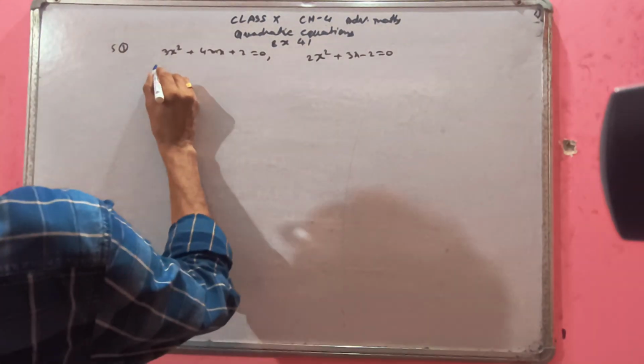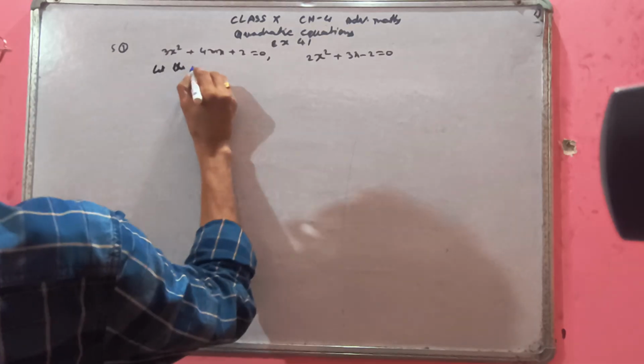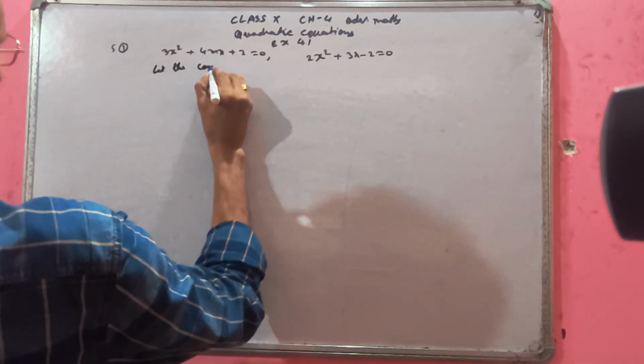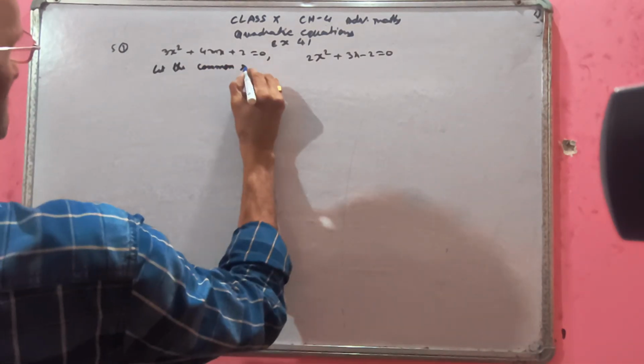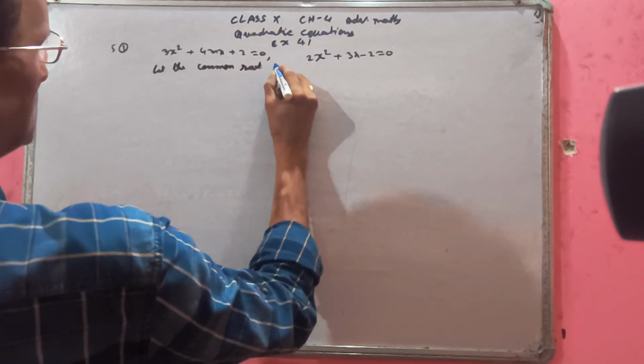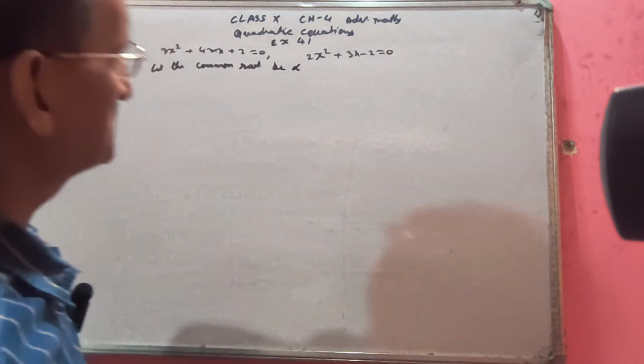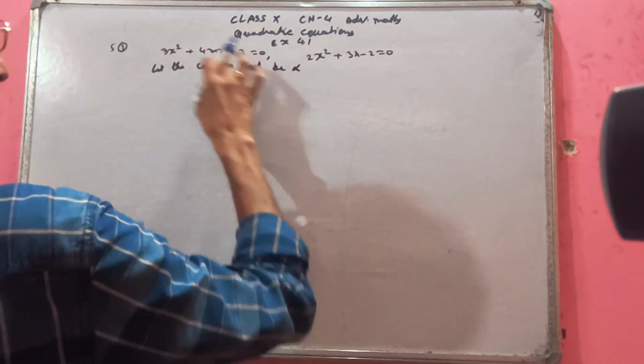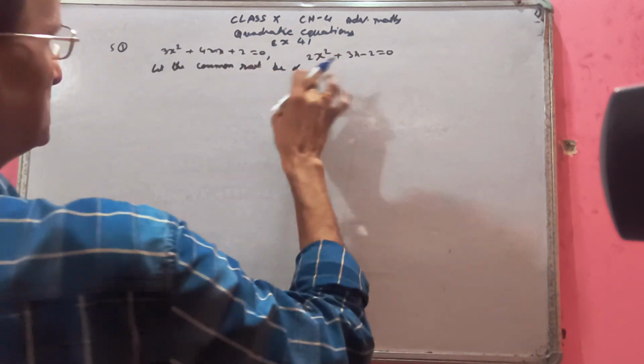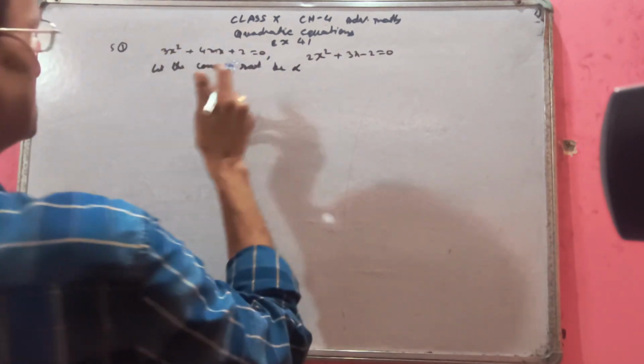So we will start. Let the common root be alpha. Root means the value of x. The two equations will change now. We will replace x by alpha.